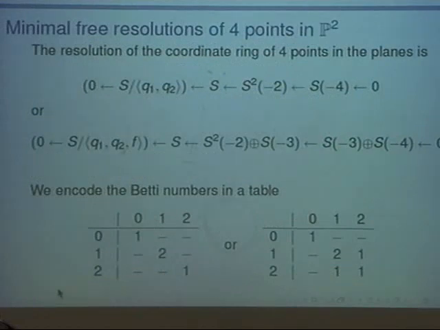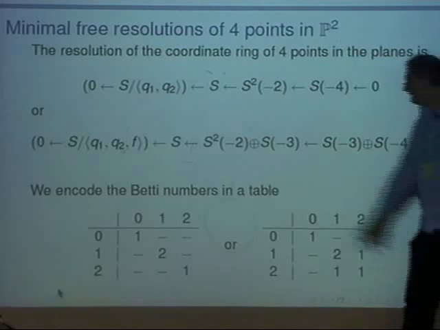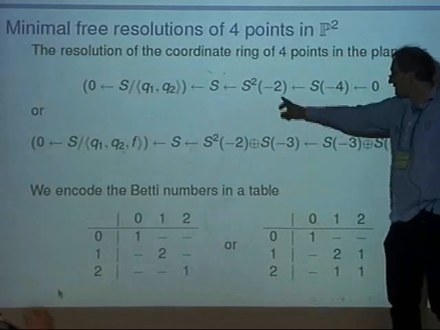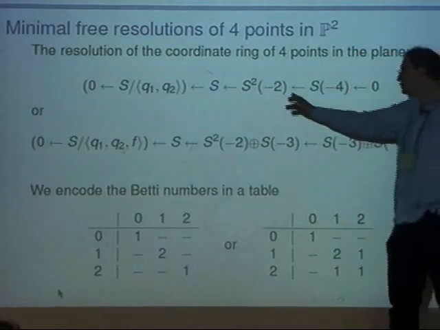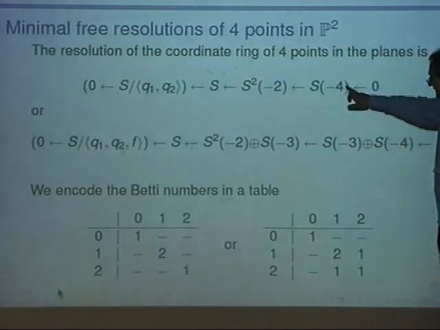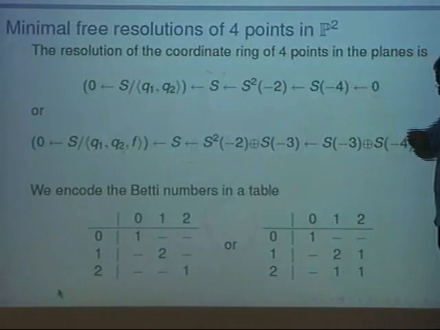I'm going to work a lot with tables. So I will try to explain how these tables are organized. So we had this resolution of 4 points in the plane. We have 2 quadrics, so 2 generators in degree 2, so we have S(-2) squared, and there was one Koszul relation among them.